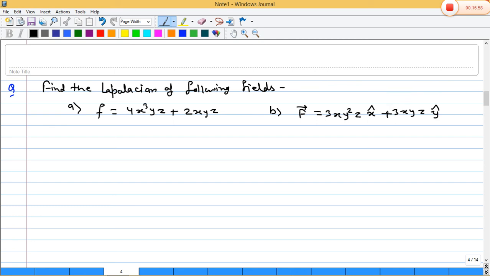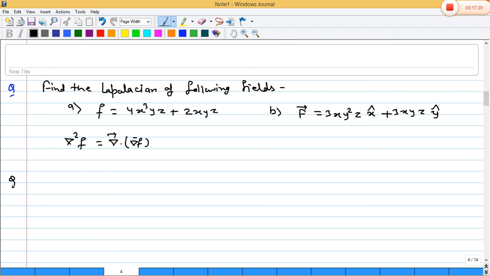Okay, so just find the Laplacian. Laplacian is nothing but del square f, that one is this much. So just find it and tell me the value in the comment box.